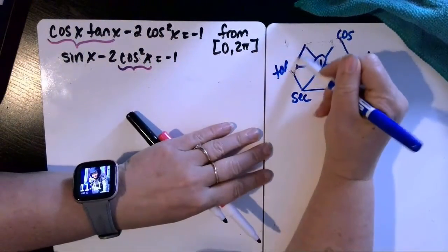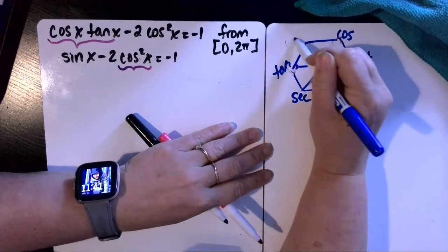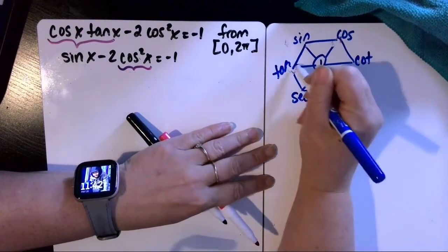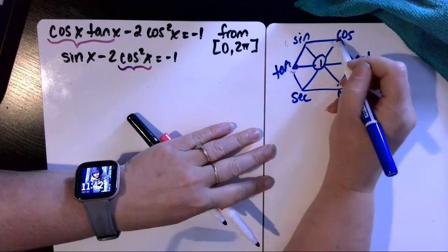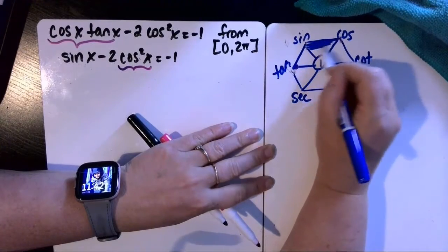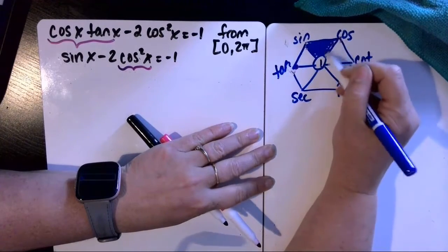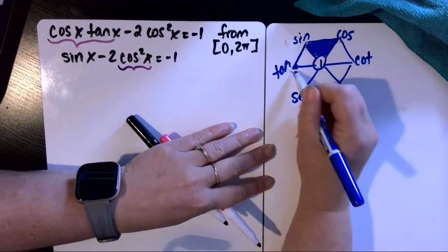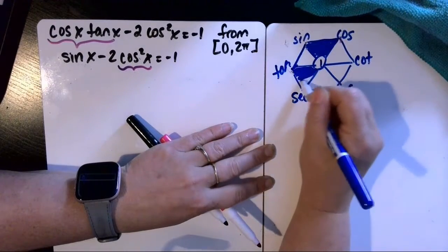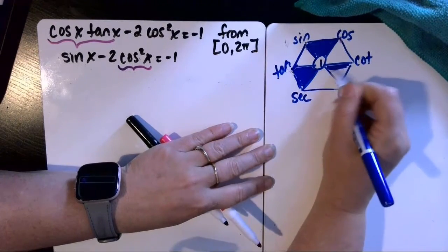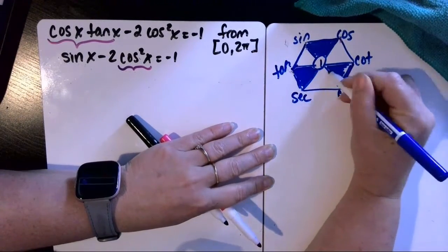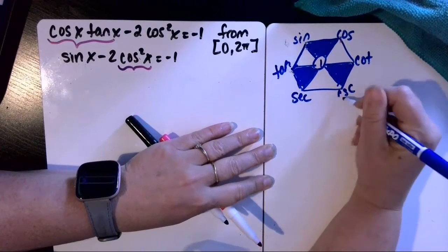and remember Pythagorean identities, those come from the triangles in the hexagon. There's 3 triangles that represent the Pythagorean identities. So this one up at the top, then this one on the left, and this triangle on the right are the Pythagorean identities.